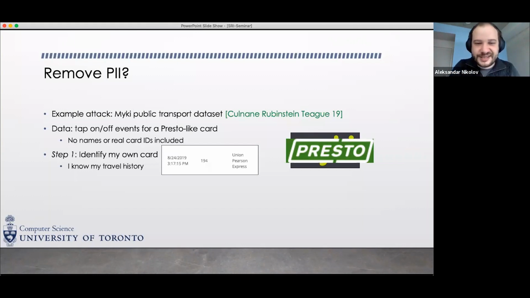This slide is taken from an older talk. In the before times, I sometimes would take the Union Pearson Express and go to the airport and go somewhere, if you remember these times. So this is from my own actual travel history. Sometime in August, I went somewhere, I guess. And you see, I know exactly when and where I used my card.